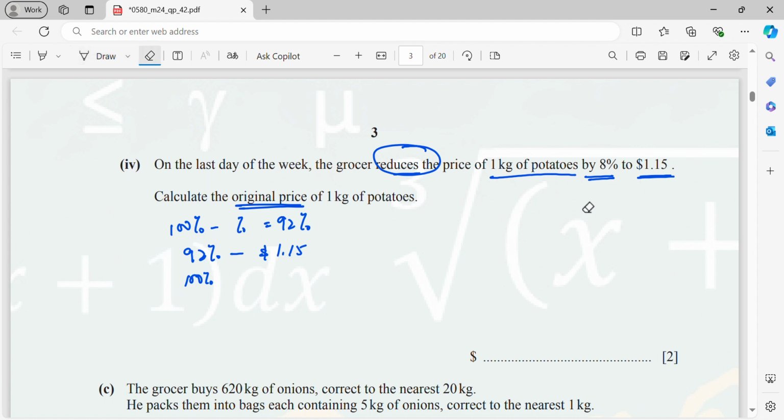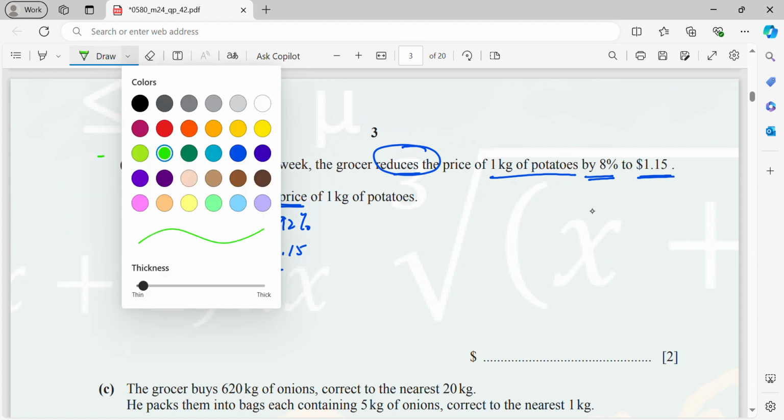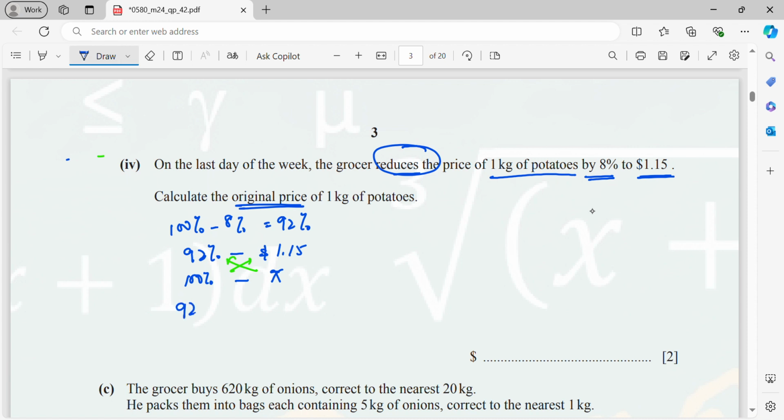So for 100%, I let it be x. Now to get the x, you just use cross multiplication. So multiply, and here I will get 92% x equals 1.15 times 100%.